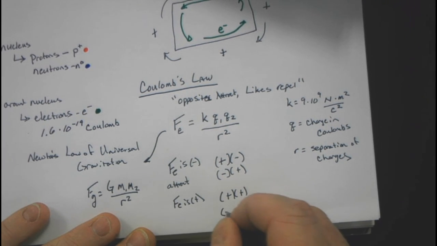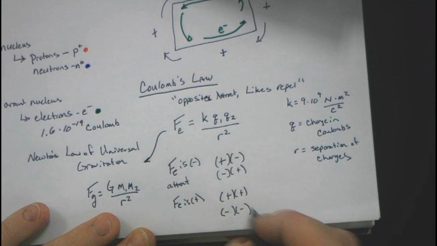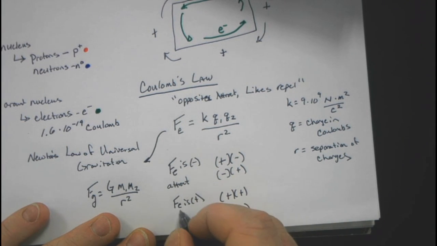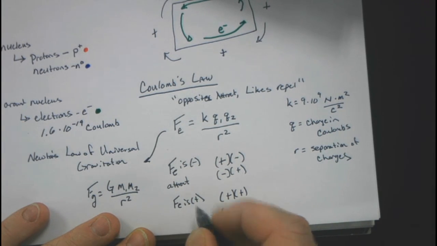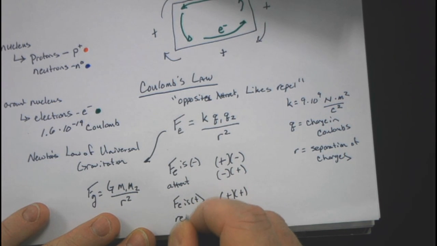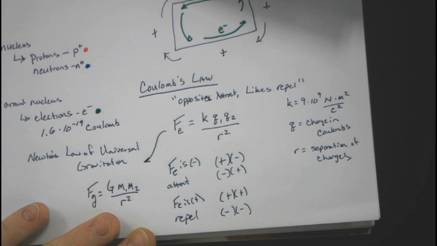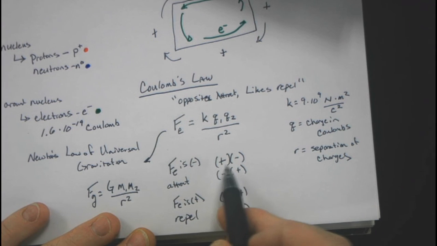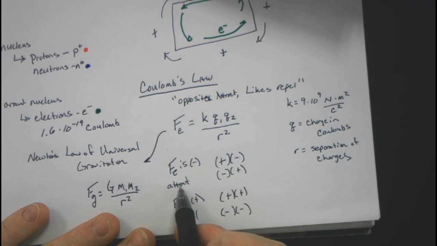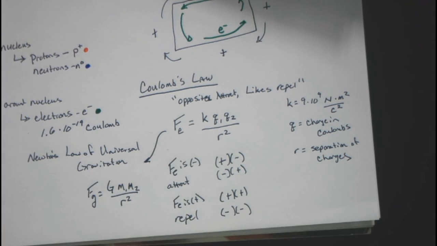Negative times a negative will also give us a positive. And so if our electrical force is positive, then they repel. All right, so if we have opposite charges, they attract. And if they have like charges, they repel. And that's how Coulomb's law works. That's really the basis behind electric charge. And that's where we're going to stop for today.